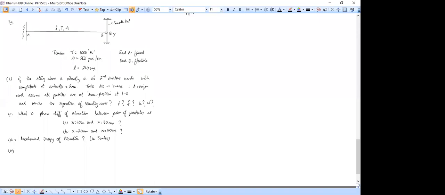It's 0.25. So just make an adjustment in the value of this. Okay.